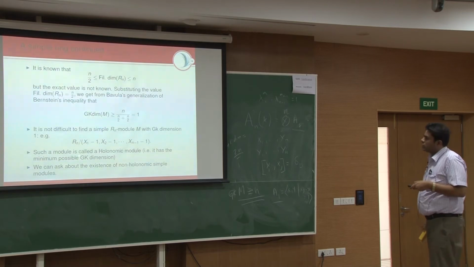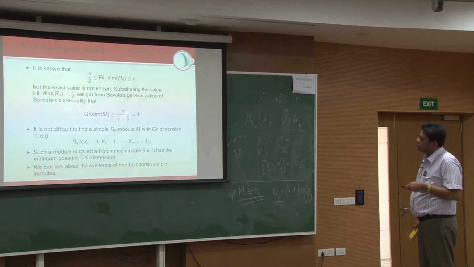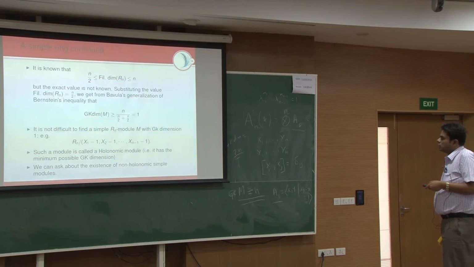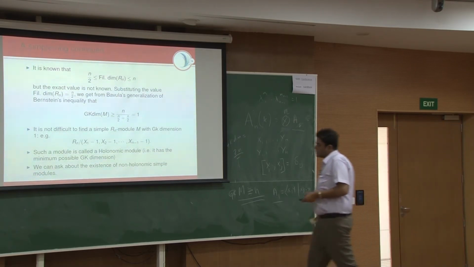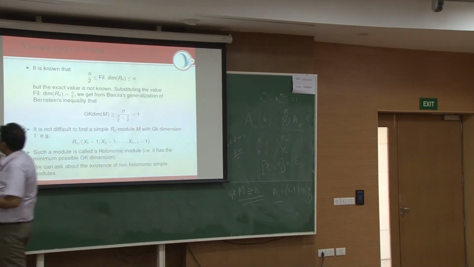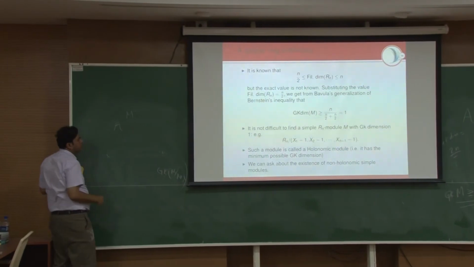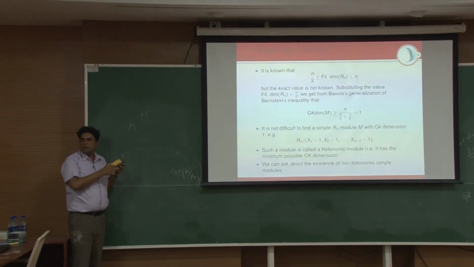But we can also show that we cannot find any module with GK dimension less than 1, because that will be finite dimensional. Suppose A is an algebra with a module M, which is finite dimensional.